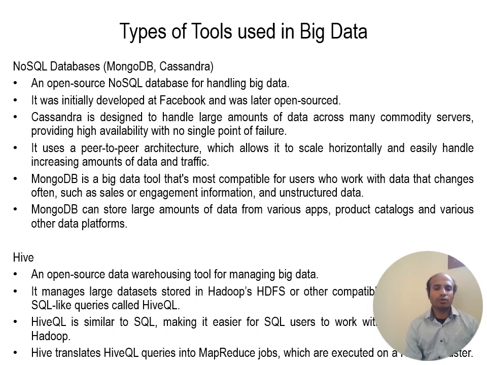MongoDB can store large amounts of data from various applications, product catalogs, and various other data platforms. So we have seen Cassandra, an open source NoSQL database for handling data, developed at Facebook and open sourced. So I got an idea about what Cassandra is.